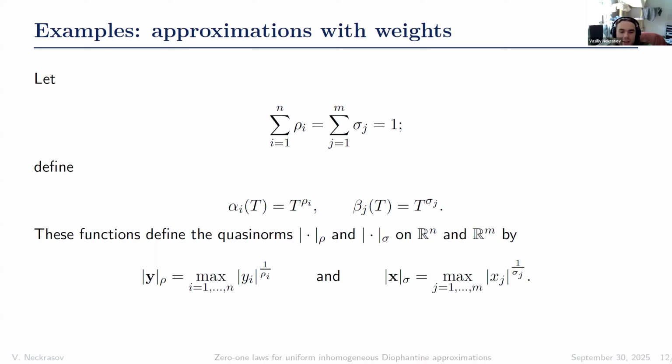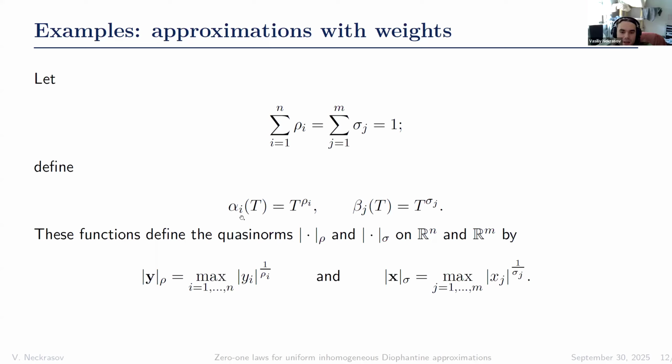And there is a normalization, which makes sense to make for rhos, not for 1 over rhos, and for sigmas, not 1 over sigmas. Again, there are many reasons and many explanations why this normalization is natural. For example, the dynamical explanation that we want to preserve the volume. But for this reason or for another reason, they are pretty natural.